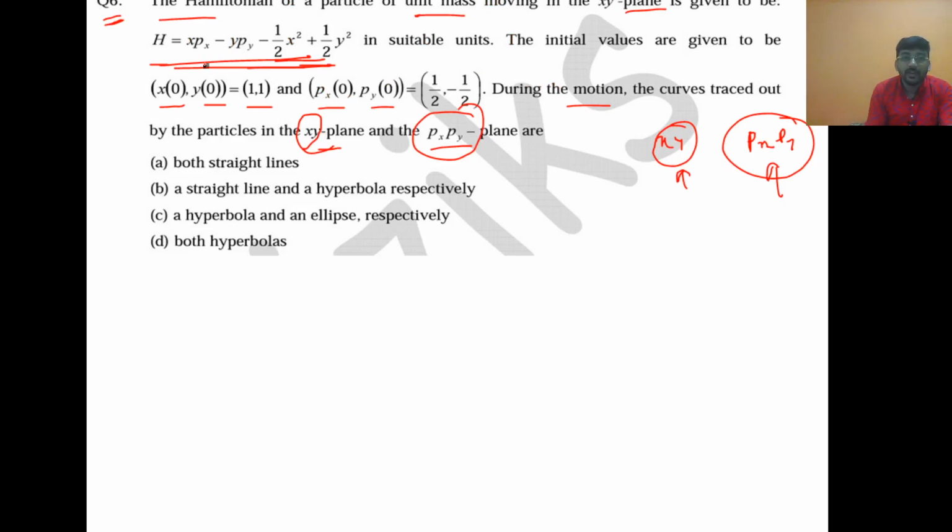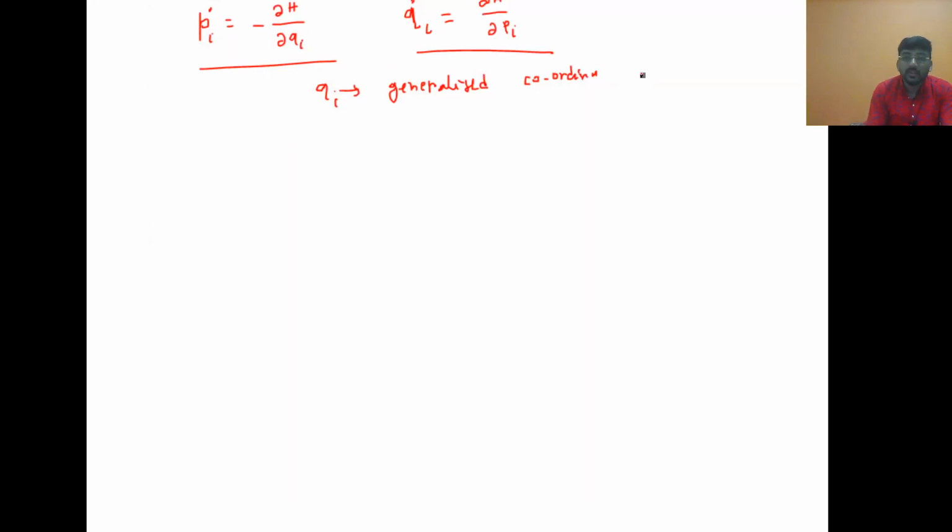So qi represents x and y for this problem, and pi will also represent px and py. So we can get 4 equations: 2 equations from this and 2 equations from this.